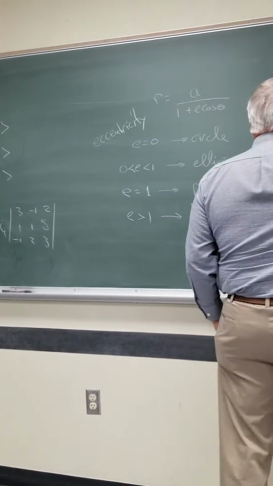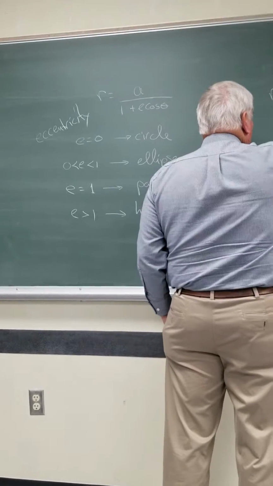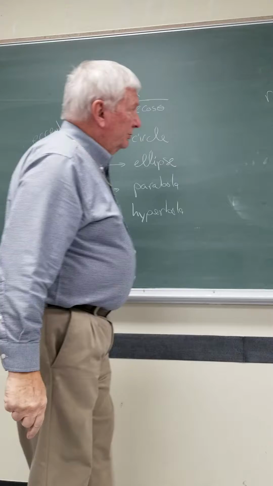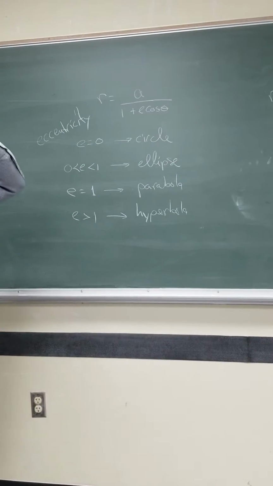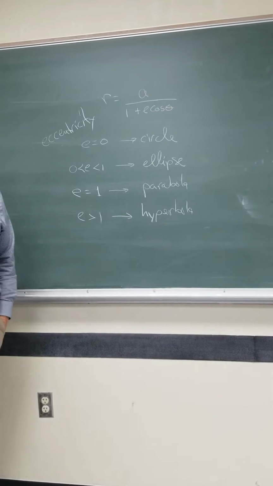Let's say r is equal to 3 over 1 plus 1/2 the sine of theta. And I want to change that to rectangular coordinates.